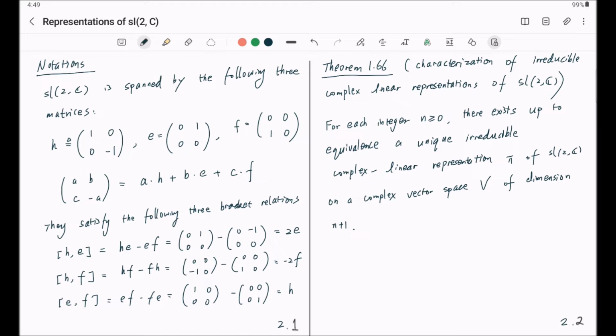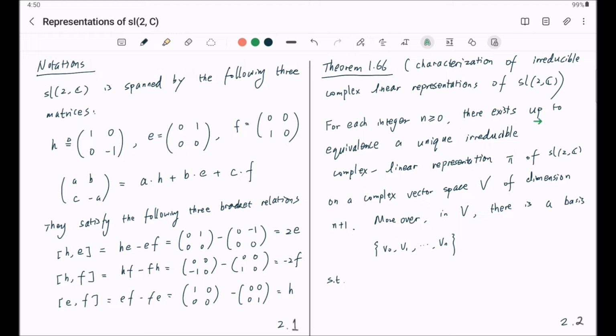Moreover, in V, there's a basis. Remember, this V is of dimension n plus 1. So there will be n plus 1 linearly independent vectors V0 through Vn, such that with this basis, we can explicitly write down what this complex linear representation is.